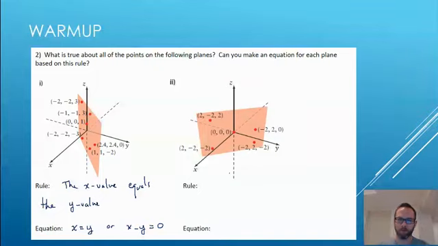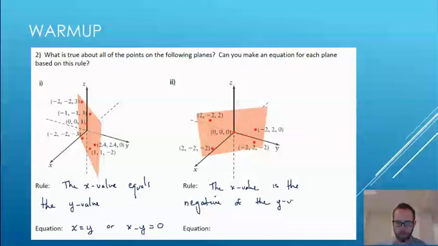For plane 2, if you look at all the points, there is another relationship between the x value and the y value. The x value and y value are opposite signs. So we could say here that x equals negative y, or x plus y equals 0. And these are just rules that only involve the x and y value. More involved planes will have rules for all 3 of the coordinates.